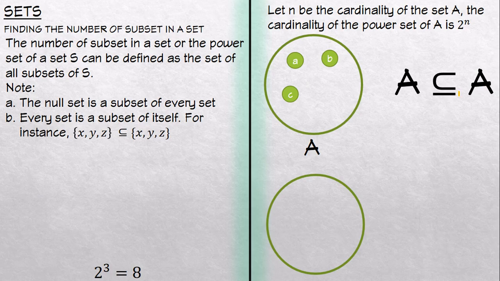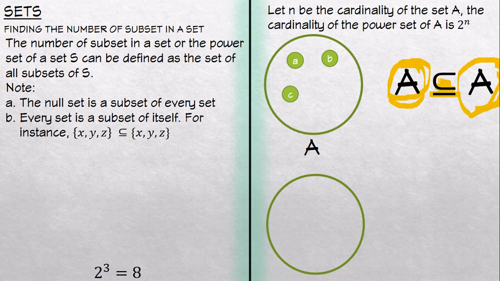This time around, we are using it with this sign over here. This sign means that all the elements in this set are contained in, or equal to, all the elements in this set over here. That is why we use this symbol.